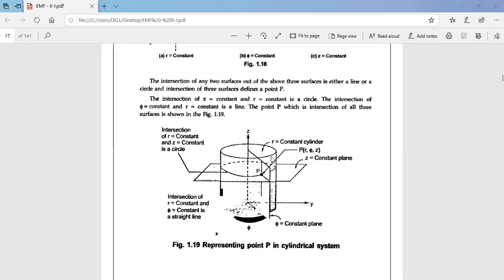Now, if we have a charge in a cylindrical coordinate system, and we want to do something with that charge, the first thing we will have to do is to be able to find out the volume of the charge.